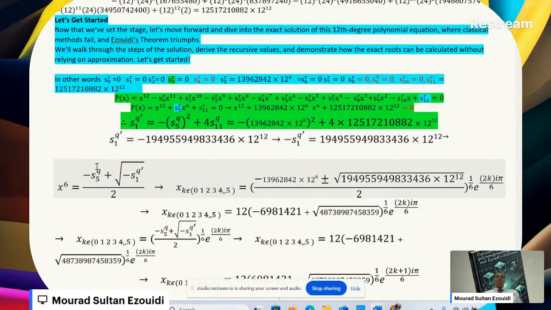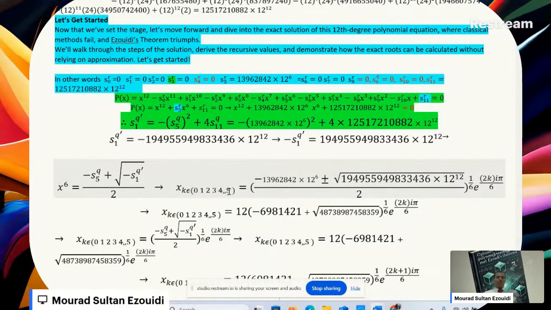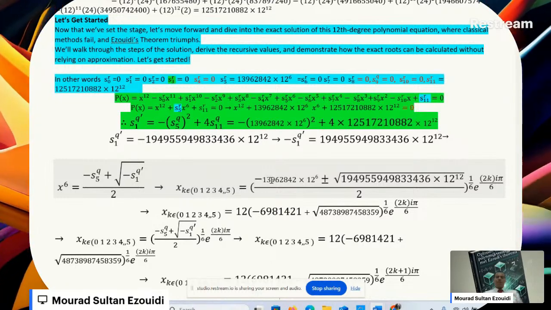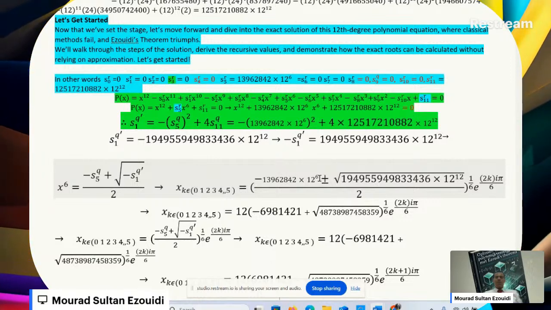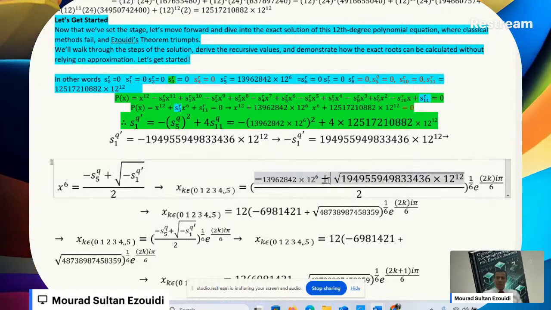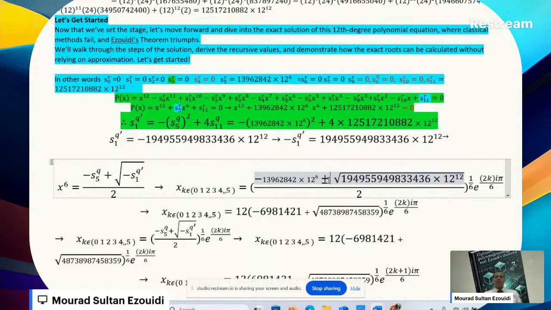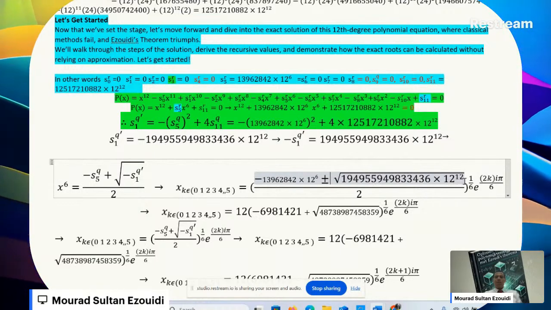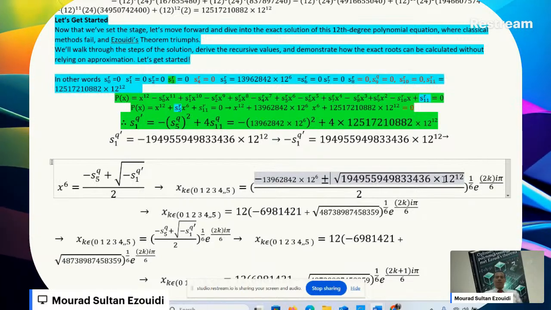So now as x to the power 6 equals that, x_k from 0 to 5 is going to be equal to negative 13,962,842 times 12 raised to the power 6 plus, because I put plus only here, the value of the discriminant multiplied by 12 raised to the power 12, all raised to the power 1 over 6, exponential 2k times i pi over 6.